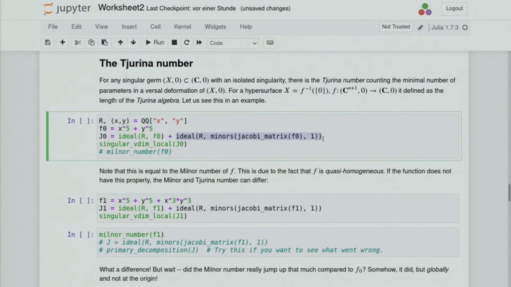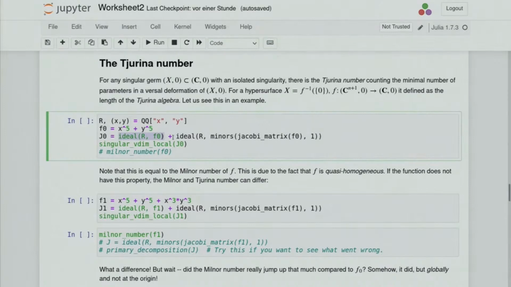Maybe we should stress at this point that for doing the sum, we have to transform the polynomial f0 explicitly into the ideal generated by f0.